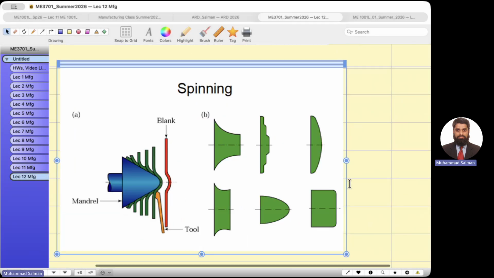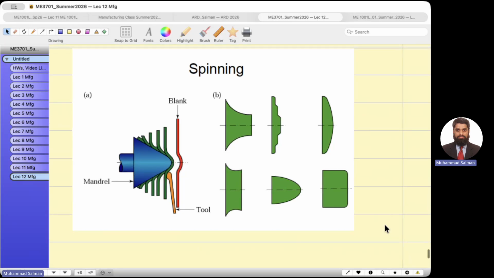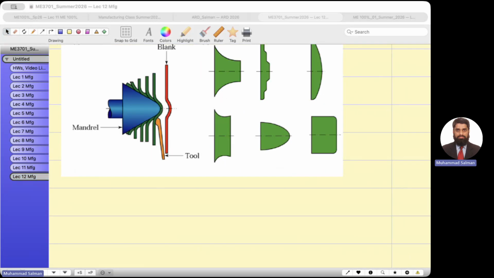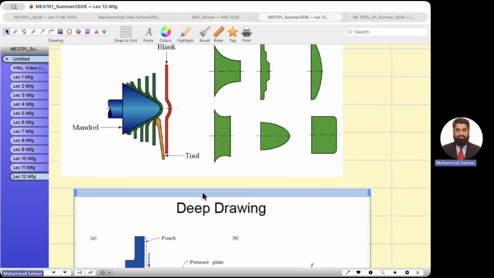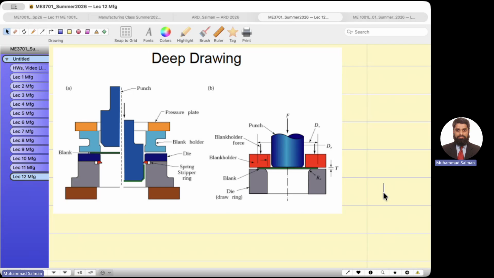I believe the pressure cooker in our house is like a sheet metal bending. It acquires the shape of the mandrel with the push of the tool. Yeah, you see, this looks like a process to form sheet metal, like in a pressure cooker.